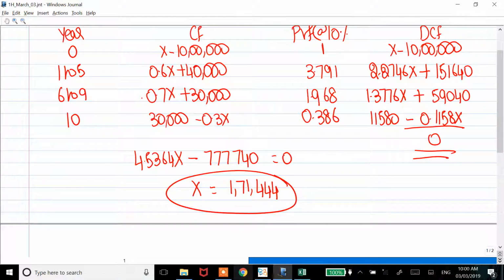Any doubts on 171,444? I am also not sure on the answer, so just check the calculation and let me know whether you get that number.